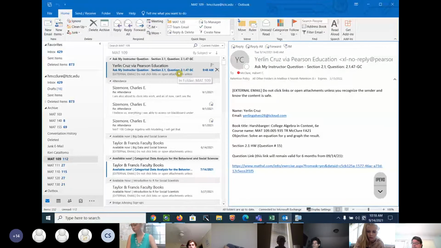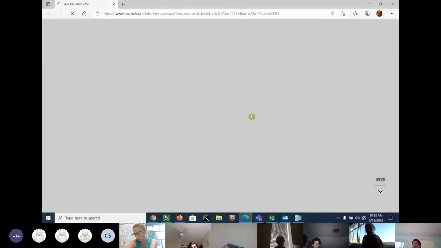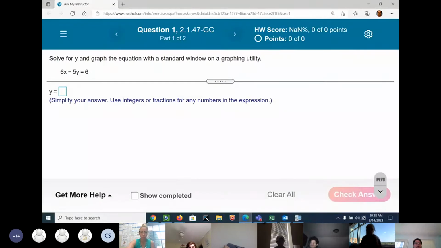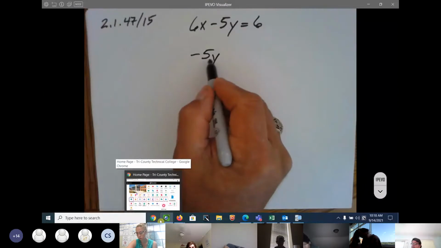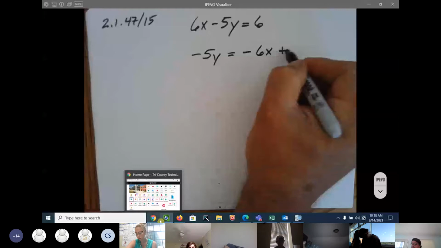2.147/15. Solve the equation for y and graph the result. So 6x minus 5y is equal to 6. Solve for y. Negative 5y is equal to negative 6x plus 6.